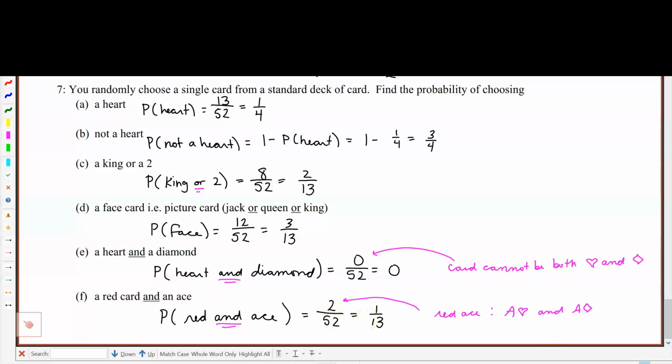All right, so that wraps up our examples in section 11.1. Just as a recap, we talked about some of the vocab about what a sample space was, what an outcome was, and then how outcomes can get pooled together in what's called an event. We looked at examples involving rolling a die, playing cards, and also pulling, for instance, numbers out of a hat.